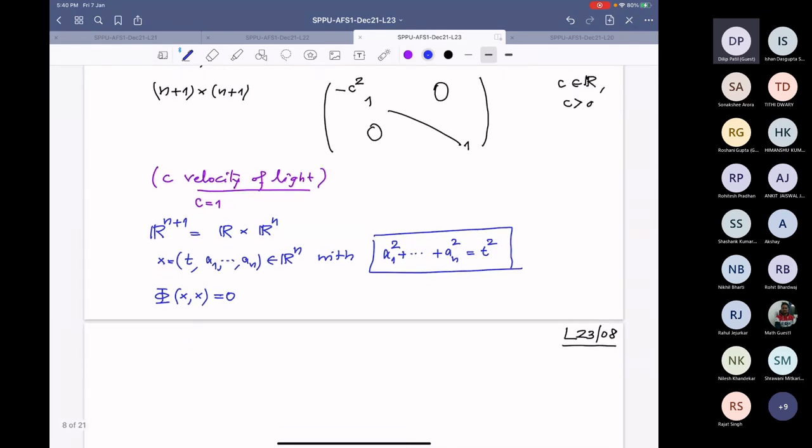So the light cone in this case is equal to the set of (T, A1 to AN) such that A1 square plus ... plus AN square equals T square.